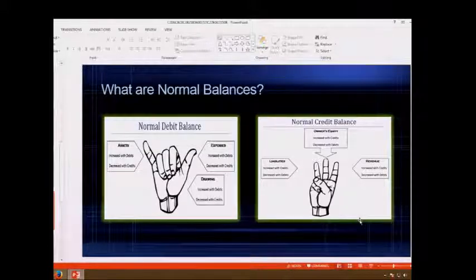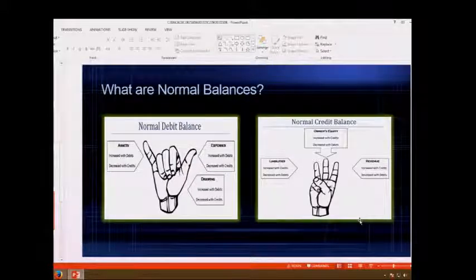Your normal balances, debits are assets, expenses, and drawing accounts. Your normal credit balances are liabilities, owner's equity, and revenue. If you look on the front page, you can see I gave you the fingers. Assets, expenses, and drawing are on the outside.